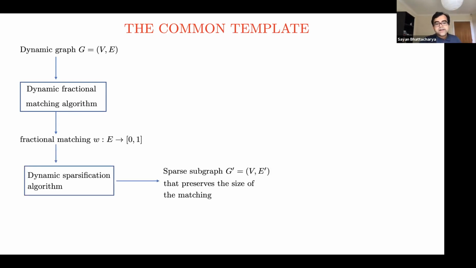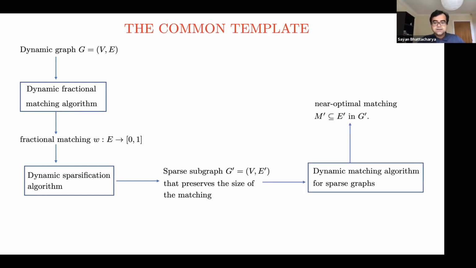The second ingredient is a dynamic sparsification algorithm that will sparsify this fractional matching and output a sparse subgraph G prime that preserves the size of the fractional matching. Finally, you feed this sparsifier into a dynamic matching algorithm that runs very well on sparse graphs. And you output what you get out of this last subroutine, M prime. So this is the overall framework.